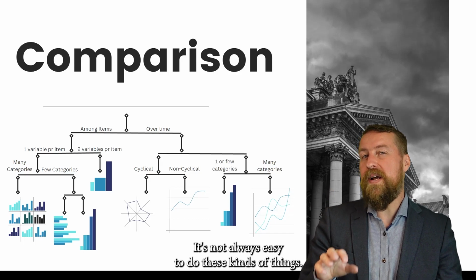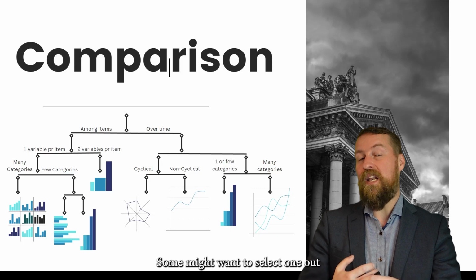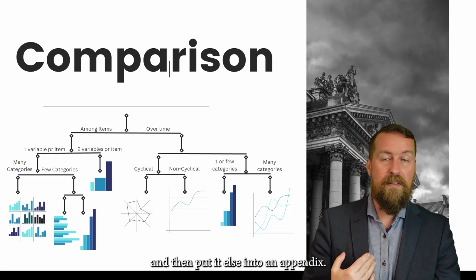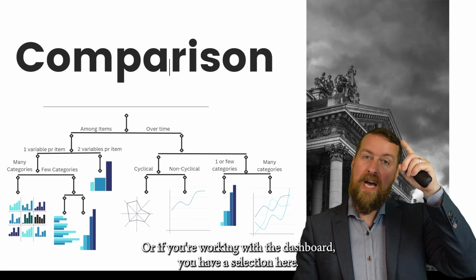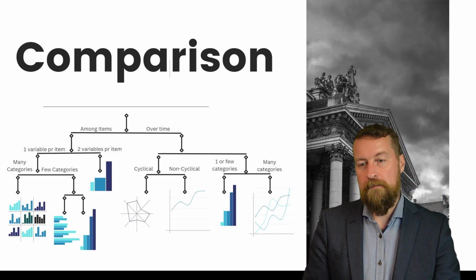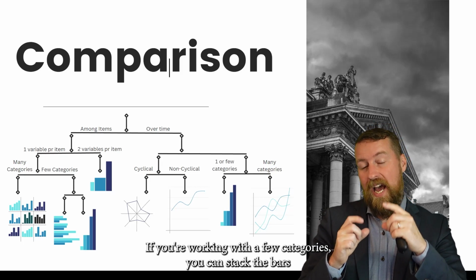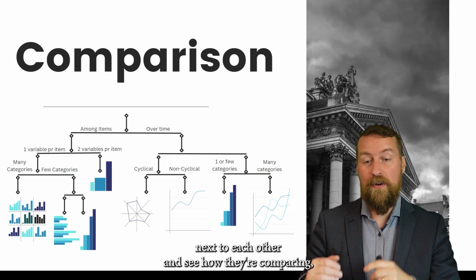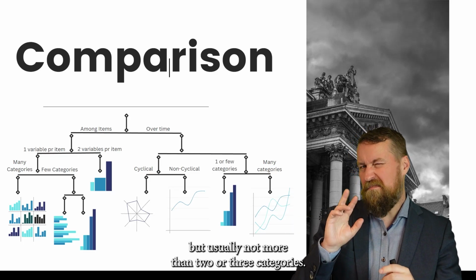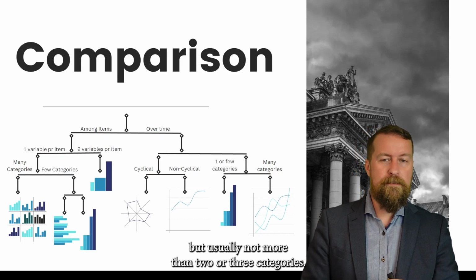It's not always easy to do these kinds of things, so you might want to select some out and then put anything else into an appendix, or if you're working with the dashboard, have a selection bar here. If you're working with a few categories, you can stack the bars next to each other and see how they are comparing, but usually not more than 2 or 3 categories.